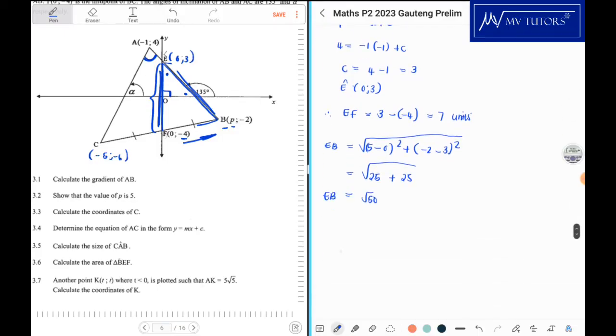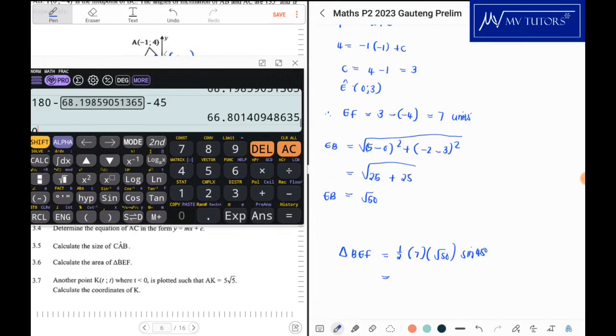My goodness, we have worked so much. So triangle BEF is equal to a half times 7 multiplied by root 50 multiplied by sine 45. I'm going to put all of this into the calculator.